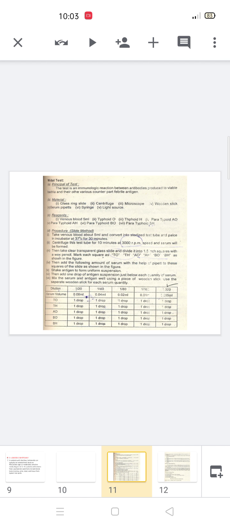The third method is the chemical reaction or the biochemical test. For the biochemical test, we use a special type of media which is called triple sugar iron media, TSI media. I hope this media as well as MacConkey and this TSI were shown by your demonstrator lecturer in the lab to you.